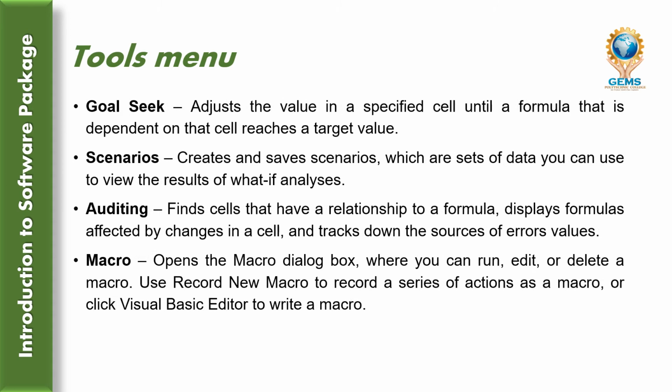Goal seek option adjusts the value in a specified cell until a formula that depends on that cell reaches the target value. And scenarios: create and save scenarios, which are sets of data you can use to view the result of what-if analysis.